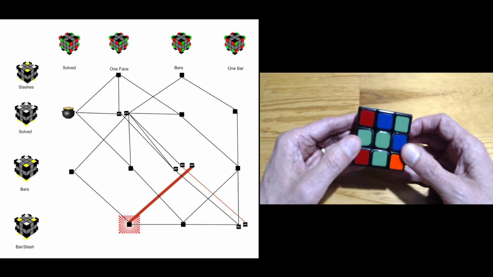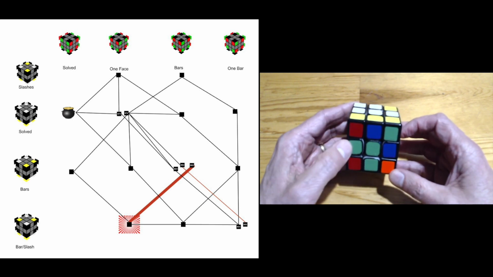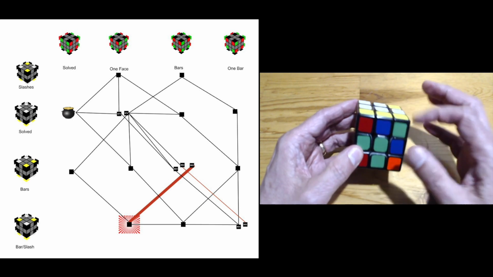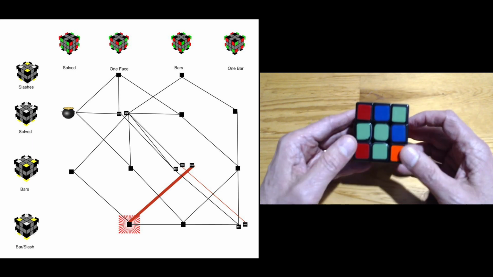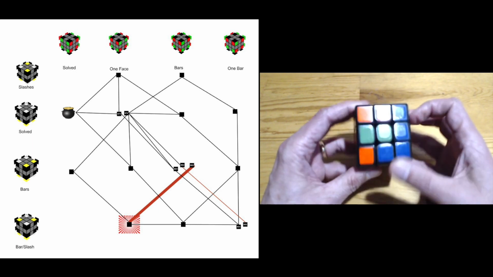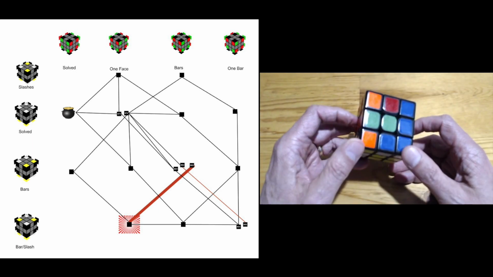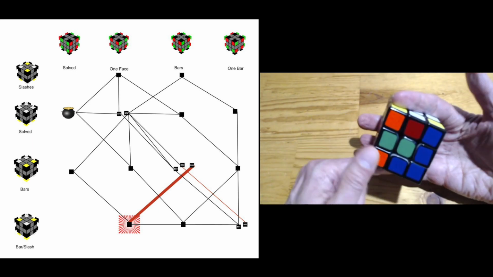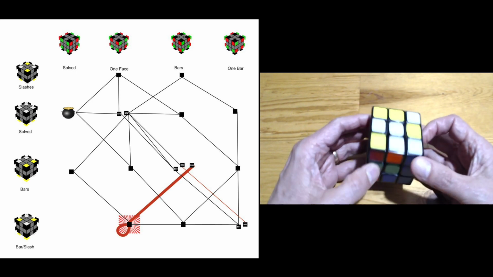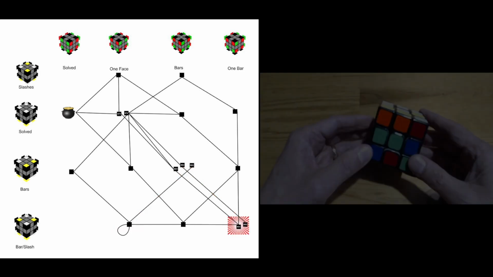Quarter turn brings us now to this. This is now the third and worst combination of the UD1 FB2 configuration. We can also split the red stickers this way and do a quarter turn that goes back to itself.